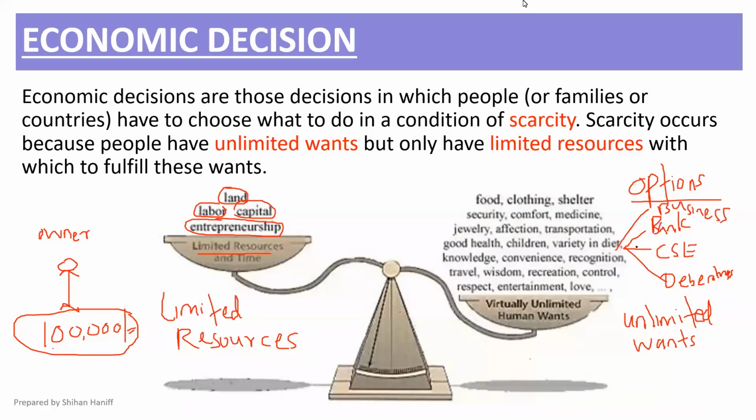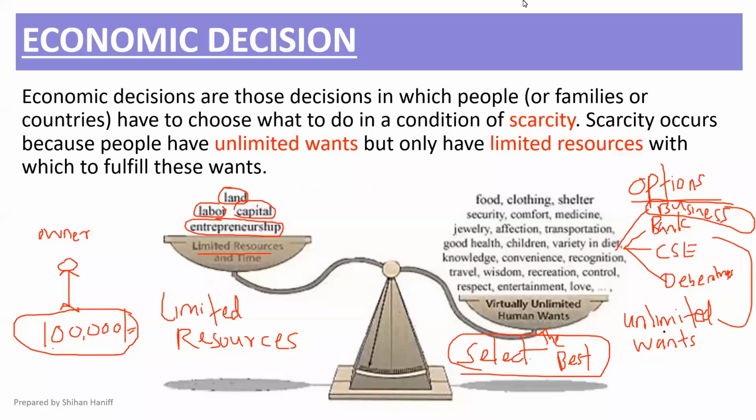From all these options, since he can't do everything, he will select only one. Let's say he is selecting investing in the business. So he will select the best option. Then all the other options he needs to sacrifice.